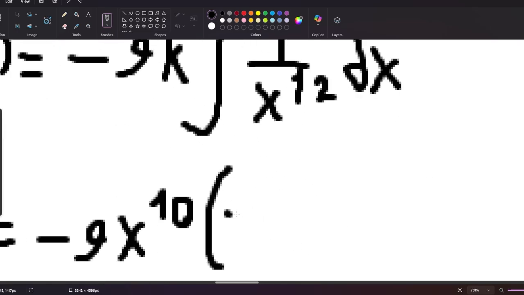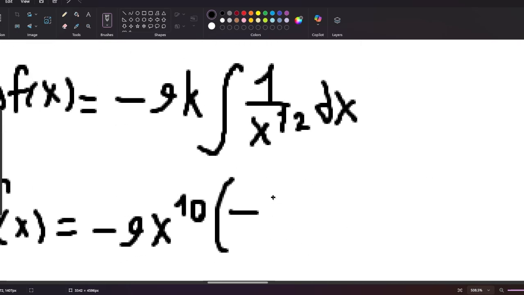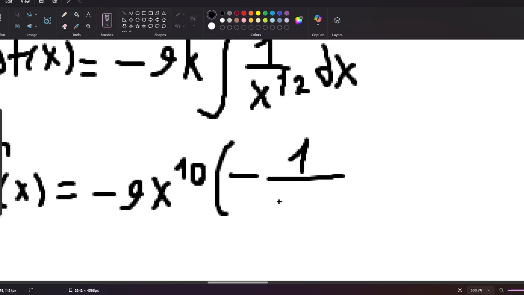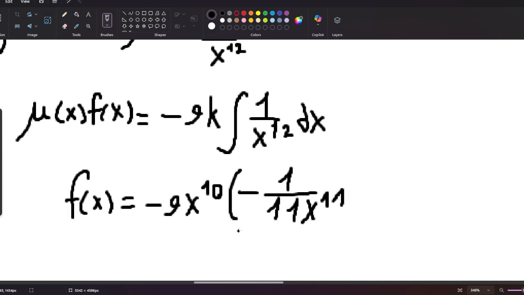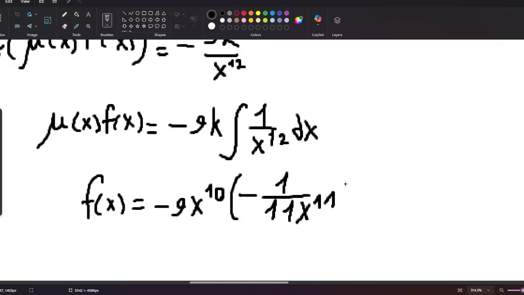We're going to have minus 1 over 11 x to the power of 11, plus c.